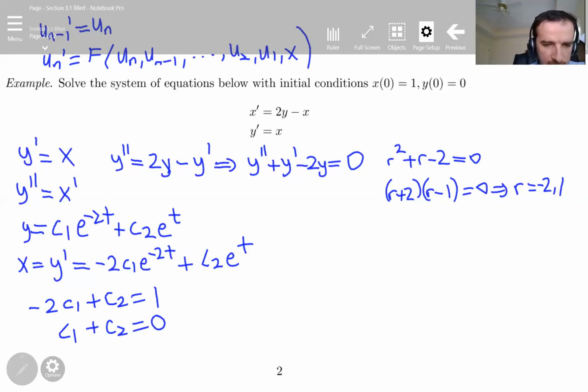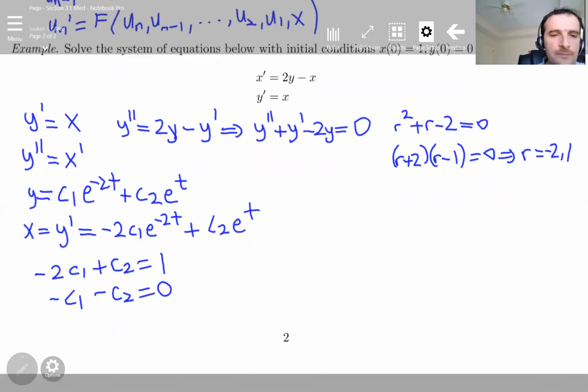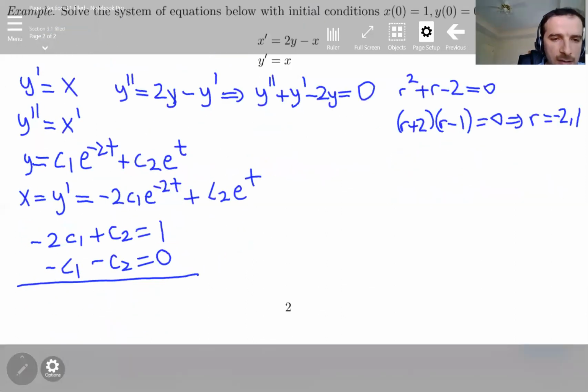Let's multiply everything by negative 1 here. This will also be negative. So if I sum them up, negative 3 c1.